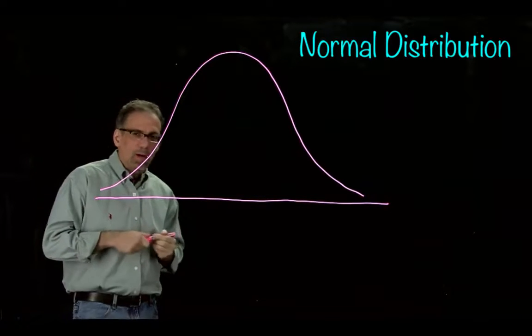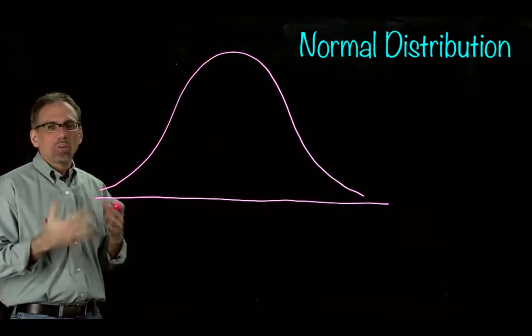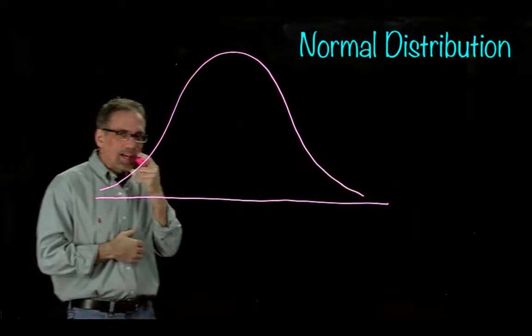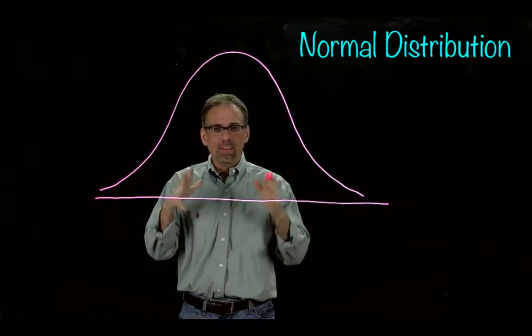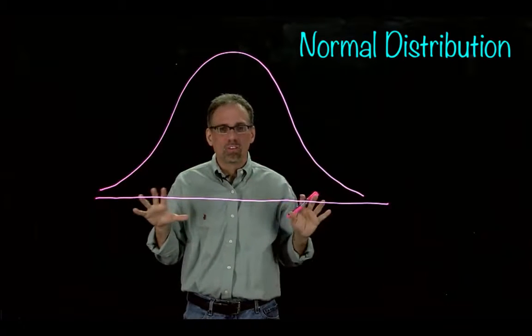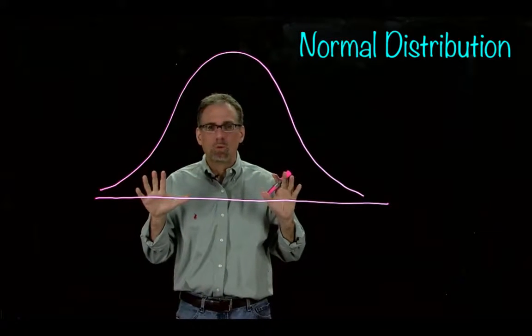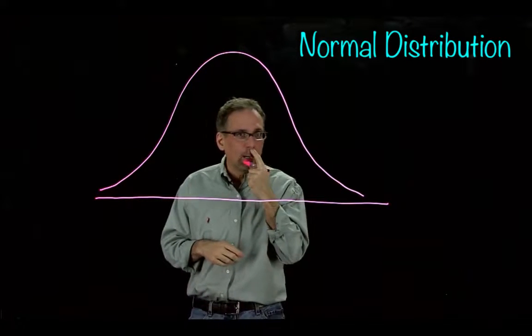You've heard about it in conjunction with how people might curve the grades in a class and so forth. But the idea behind it is that these cases of whatever the variable is are distributed in a very specific way in the population. That's the assumption that we're trying to make, okay?